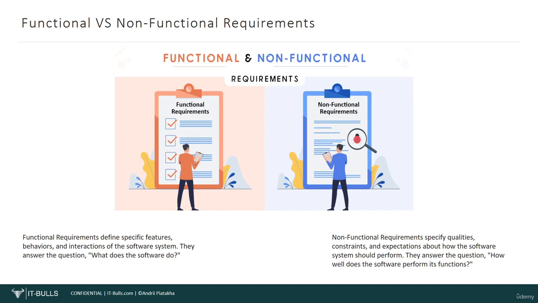They answer the question, how well does the software perform its functions? Both types of requirements are crucial for guiding the software development process, ensuring that the final product meets user expectations, works as intended, and provides a positive user experience while adhering to the necessary constraints.